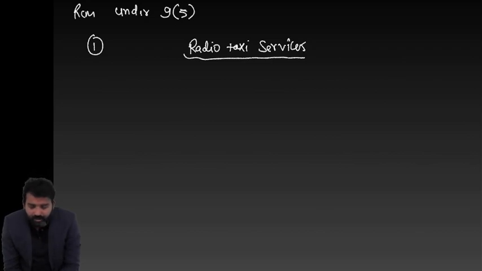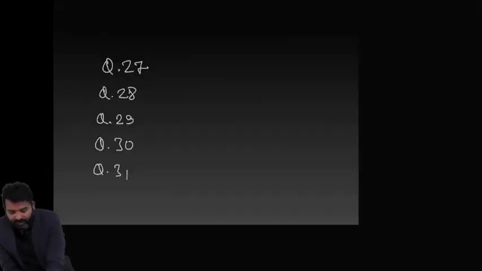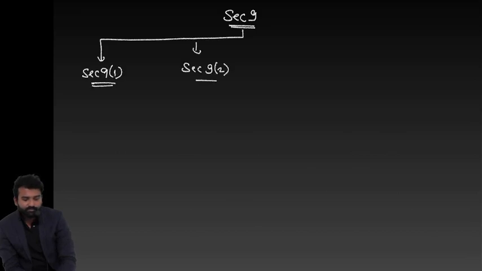There is one more question, sir. Is 9(4) applicable or not for purchase from an unregistered person? Actually, there is only one notified case where 9(4) is applicable right now. That is for construction services. If a builder is buying something from an unregistered person, then RCM is applicable. I have written that in the first slide: if the builder is buying from the unregistered person, then under 9(4), RCM is applicable.